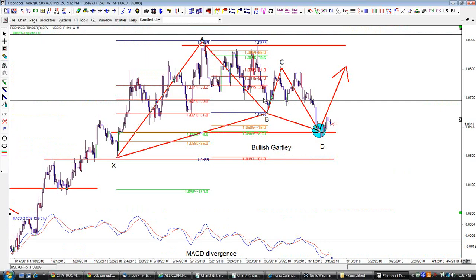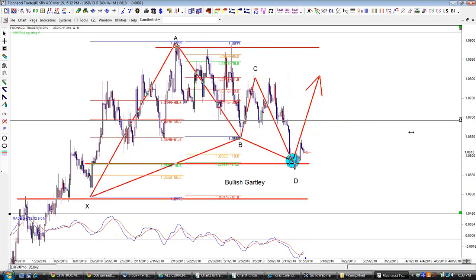Swiss franc, 4-hour chart, current bullish AB swing at 786, converging with the bearish one, 786 with 127, giving us a bullish Gartland.